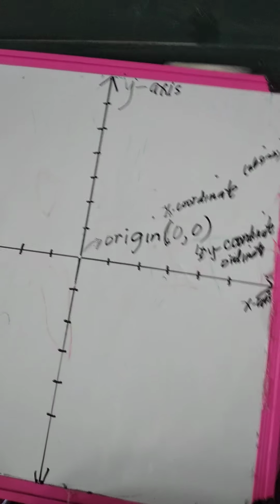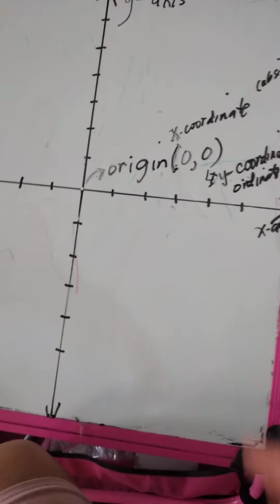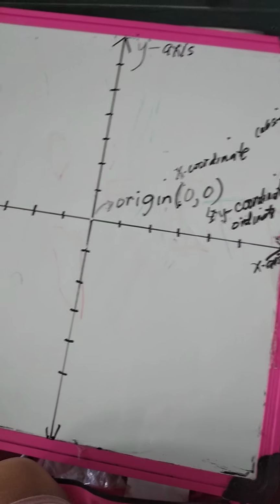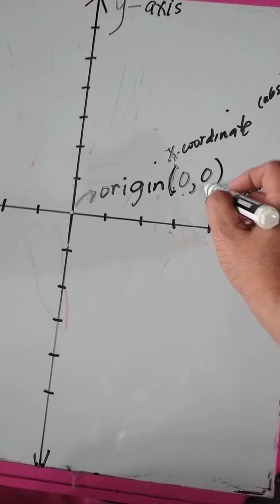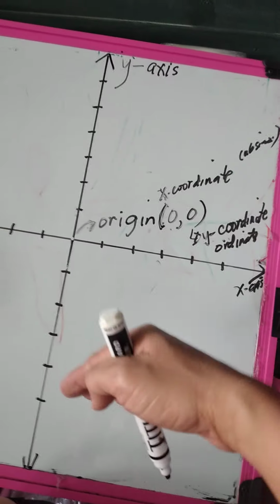It's in your book, you can take a look at the spelling: abscissa and ordinate. So remember, the first number is your x-coordinate and the second is your y-coordinate. Say it to yourself: x, y. Repeat: x, y.